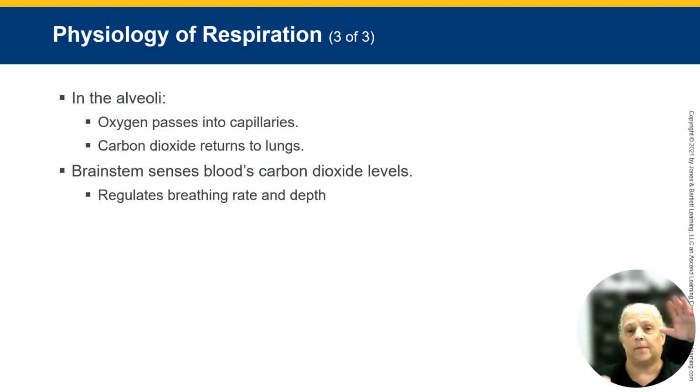Diffusion is going from a higher concentration to a lower concentration until they're about equal. Once that occurs, the oxygenated blood is carried to the heart through the pulmonary veins and then is pumped out through the body, through the aorta and the arteries. Carbon dioxide is returned to the lungs through the pulmonary arteries and is exhaled after that diffusion occurs again at the alveolar and capillary level.